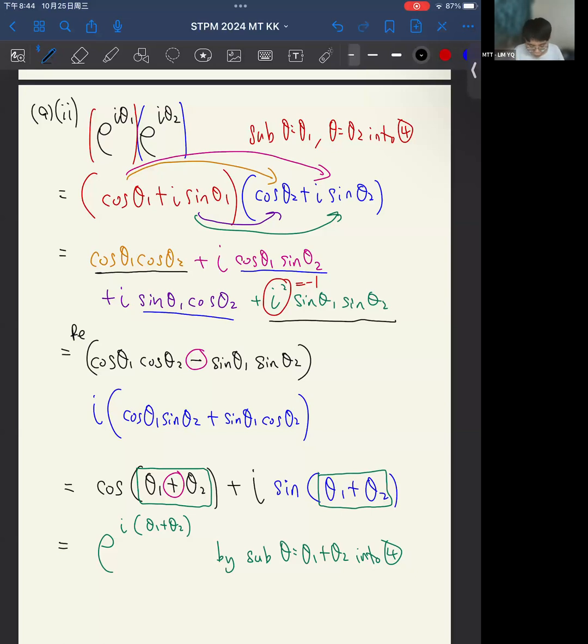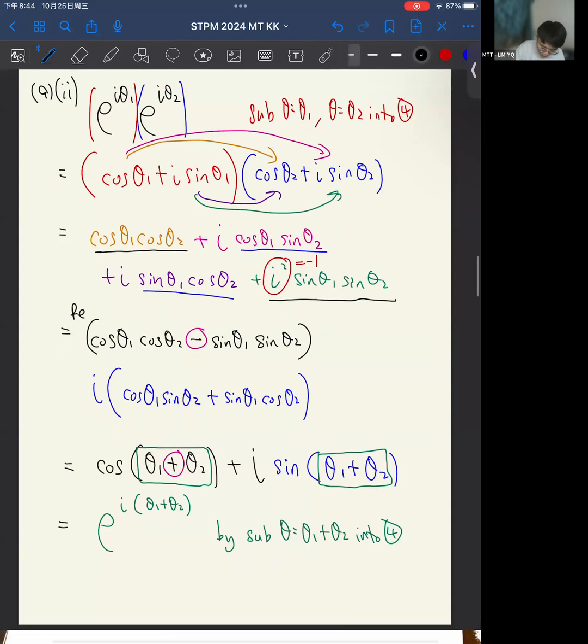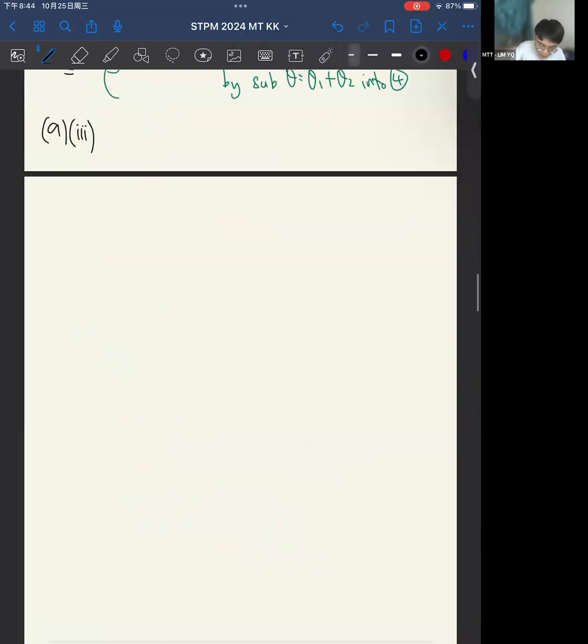Part 3 is very similar. Can I leave it as an exercise for you? I will give you a hint for part 3, and you can try by yourself. How to prove this one?